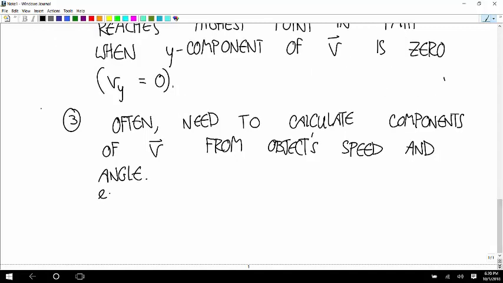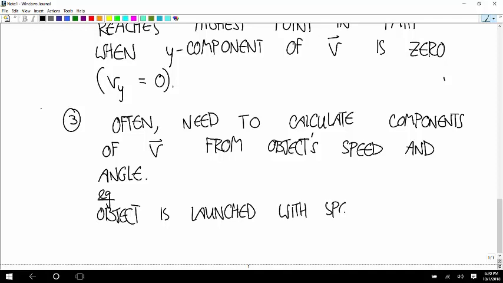For example, you'll see problems that say stuff like an object is launched with a speed of 20 meters per second at 20 degrees above the horizontal.